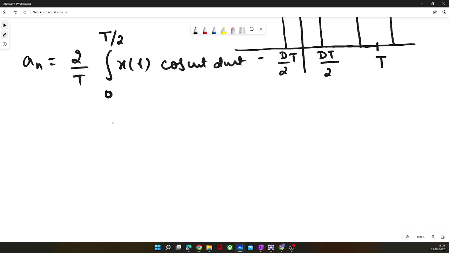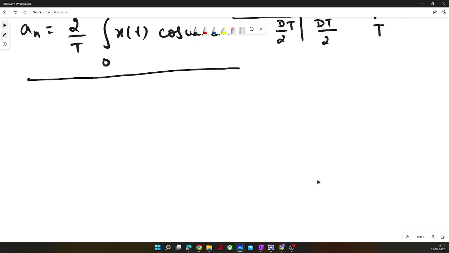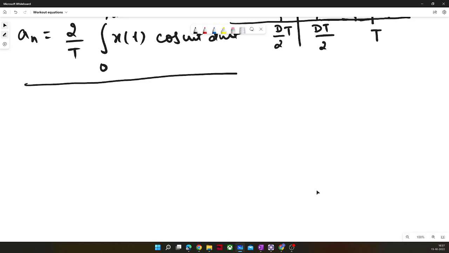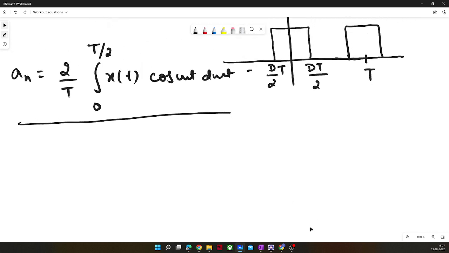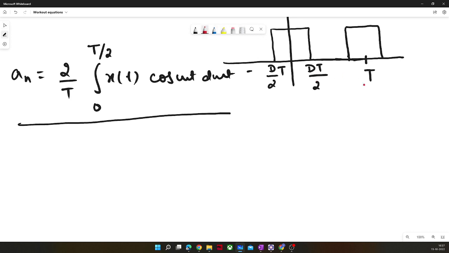But we want to generalize it in terms of power electronics, because this is a common expression in signals and systems and everywhere. If we are focusing on power electronics, we should make our life simple, because there are too many complications in power electronics. So I will write it in terms of angle. Generally the time period is related to 2 pi, so I will identify it as 2 pi.